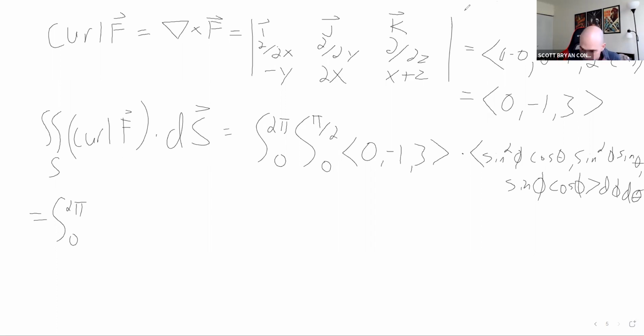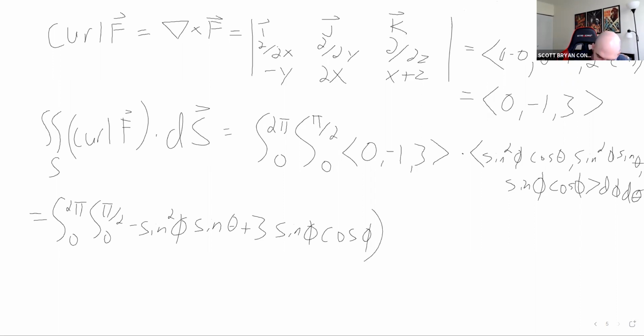And so taking the dot product, we get negative sine squared phi sine theta plus 3 sine phi cos phi, and we should be able to evaluate this by now.